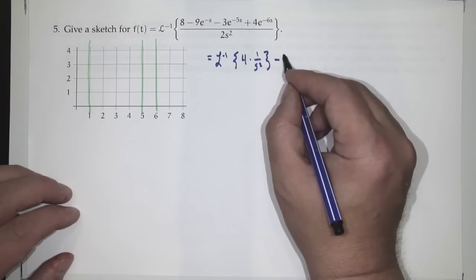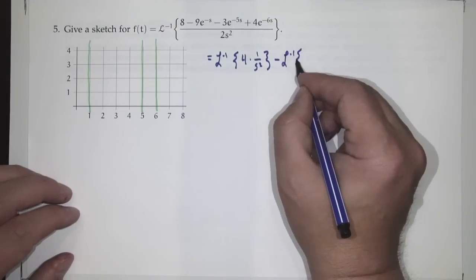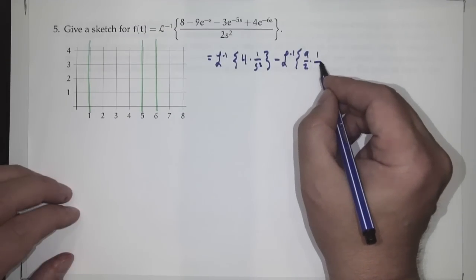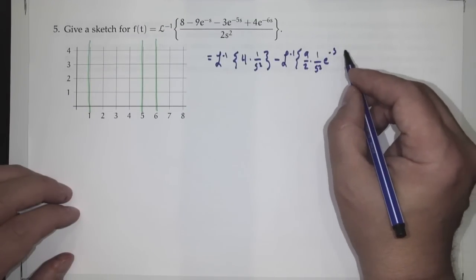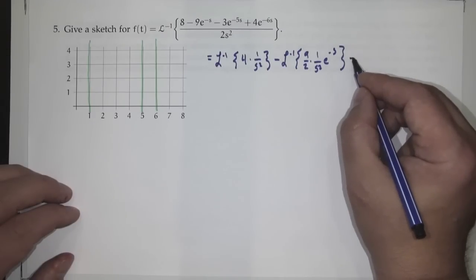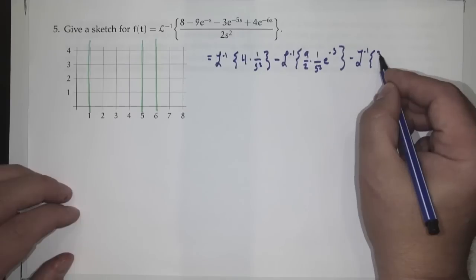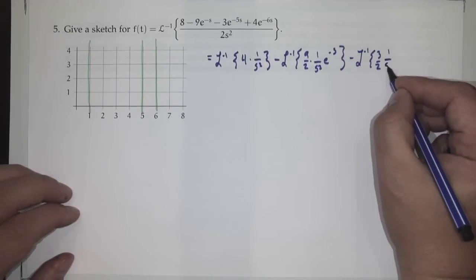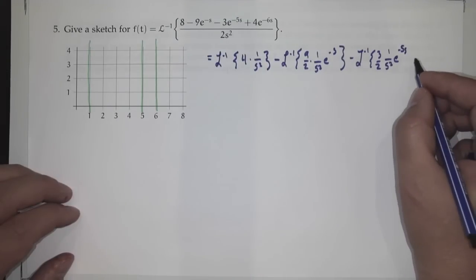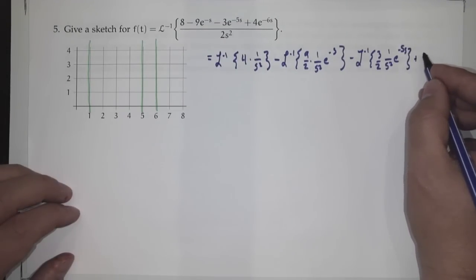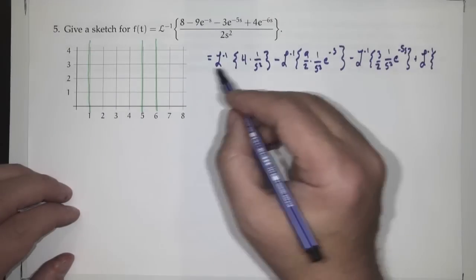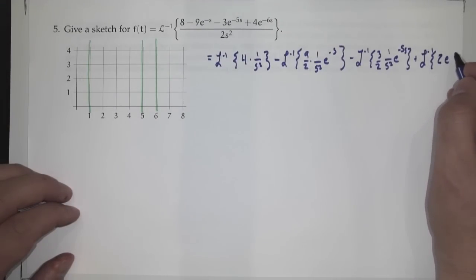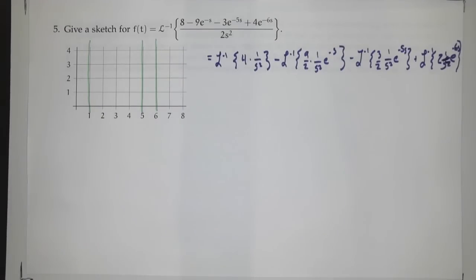And then we're going to have minus the inverse Laplace of 9 over 2, 1 over s squared e to the minus s, minus 3 over 2, 1 over s squared e to the minus 5s, and then finally a plus 4 over 2, which is 2, of 1 over s squared e to the minus 6s. I didn't quite make it, but okay, you can pretend like I did.